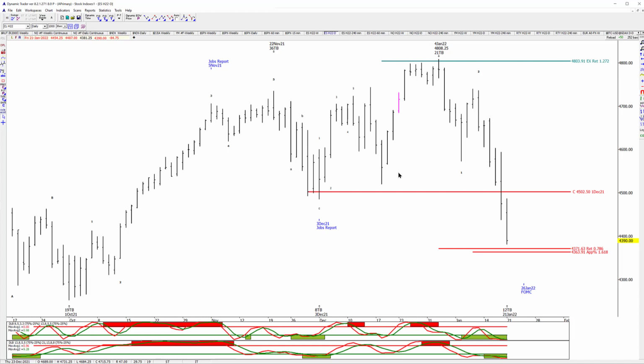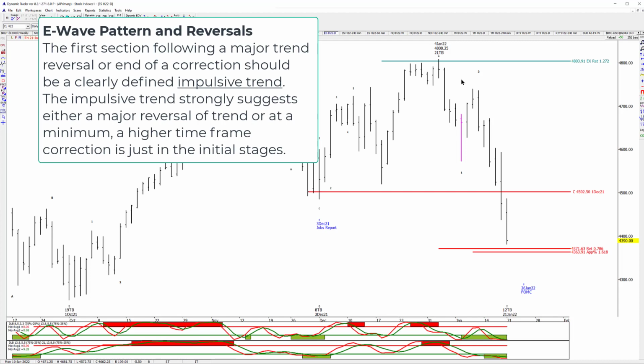But there's another position that the market's in right now that's even more significant for the months to come. And that is once a major reversal has been made, either a bull market top, a bear market low, or a completed correction, the first section out of that should be what we call impulsive. That's in Elliott wave terms.